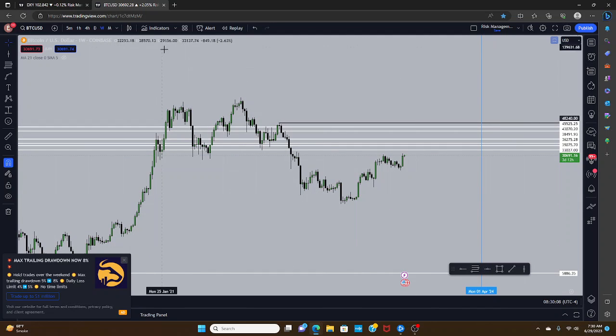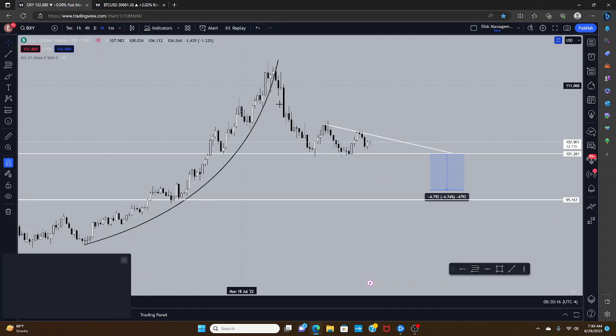But sort of getting back to that theory with SPY, the potential melt up scenario, what would happen with the dollar currency index?